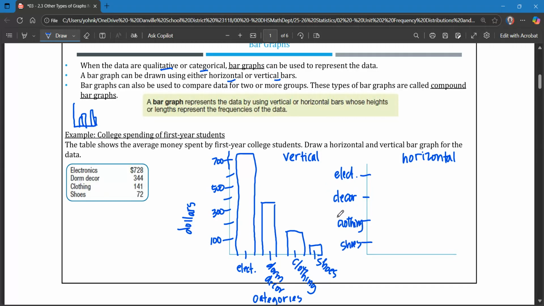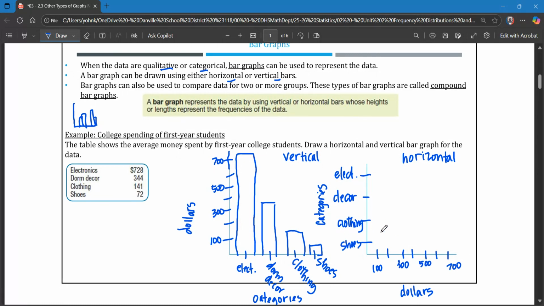These would be your categories. And then you would put your dollars along the horizontal, and this is where we go 1, 2, 3, 4, 5, 6, 700. And this is 100 and 300 and 500.